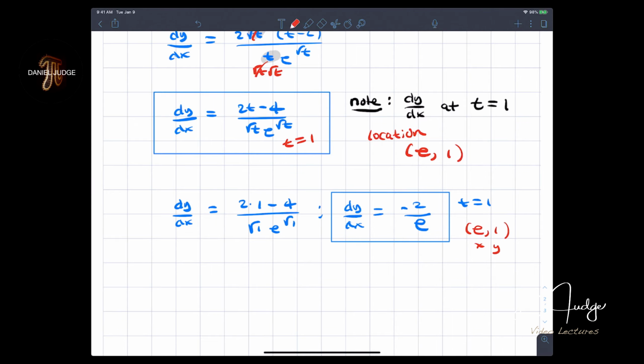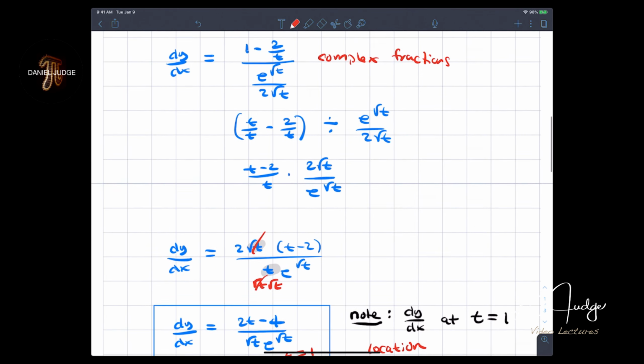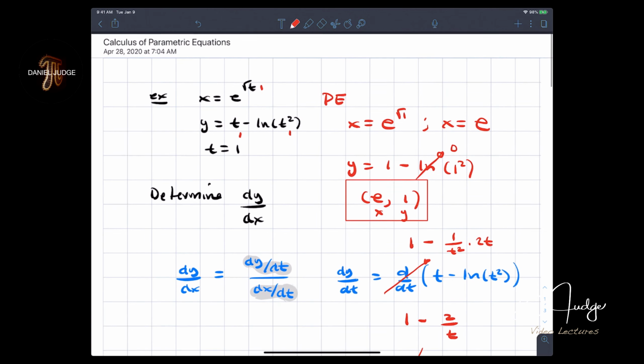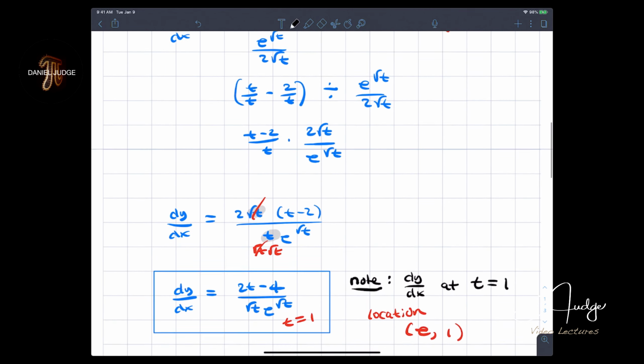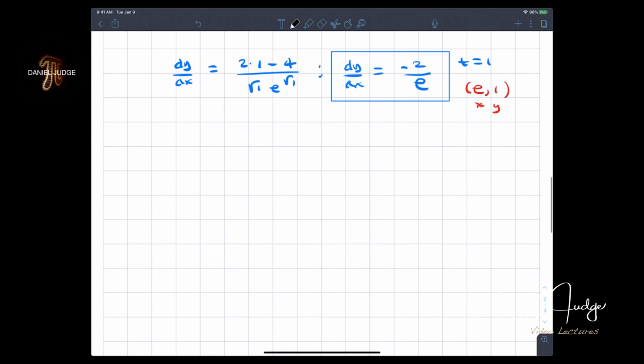Now I want to remark about something here, so let you guys know. Go back to the curve because this is going to be an issue. I want you guys to notice something here. I'm going to give you another note, because once you find derivatives, there are certain other things associated with them.